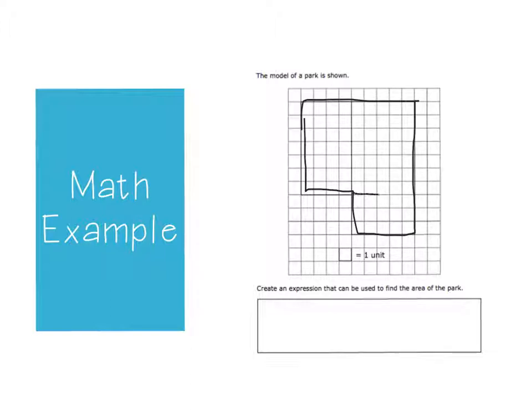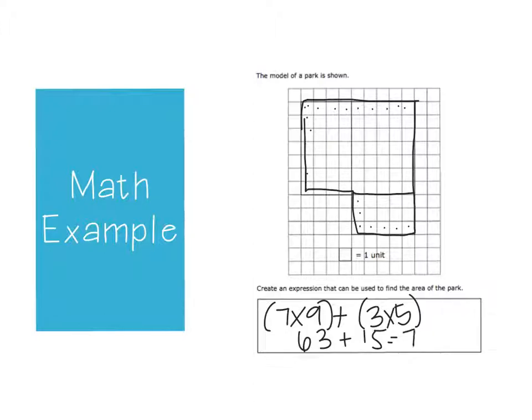So basically in this case, I would separate it into 2 different rectangles here, and then I do 7 times 9 plus 3 times 5. And in this case, I would add 63 plus 15 to get 78 square units. And again, just like reading, the answer has to be completely inside of the box.